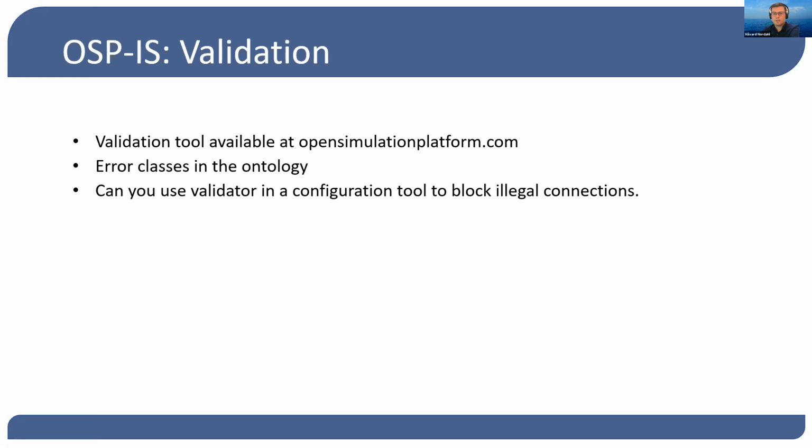And this is because standard reasoners, which are used to validate an ontology, give quite obscure error messages. In addition to validating your configuration, you can use the validator to build the functionality for automatic connections by using it in a tool to block illegal connections and to allow legal connections. And this would make the construction of system simulations from FMUs easy, safe, and fast.